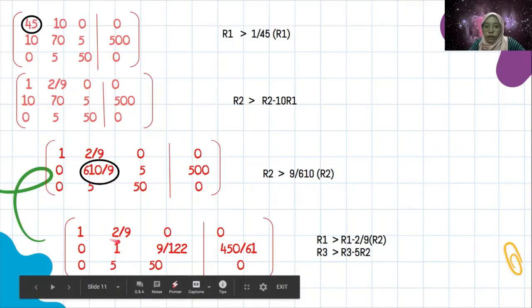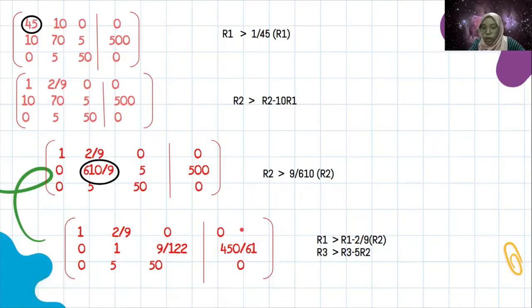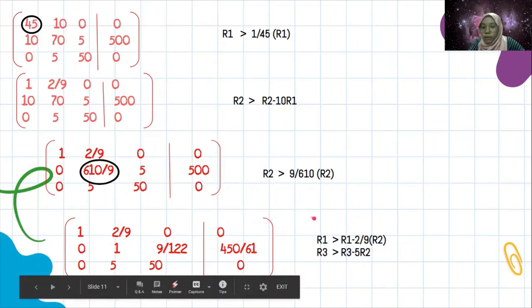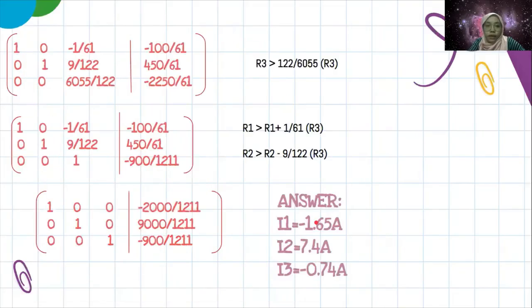We want to make the rest become 0 except the diagonal part. So we make new equations again for row 1 and row 3. All the numbers at row 1 and row 3 are applied in this equation. After that, we get 0, 0 here, and the rest of the numbers of row 1 and row 3 change.